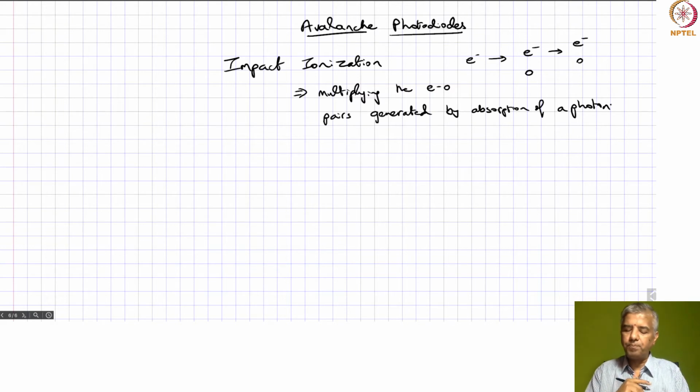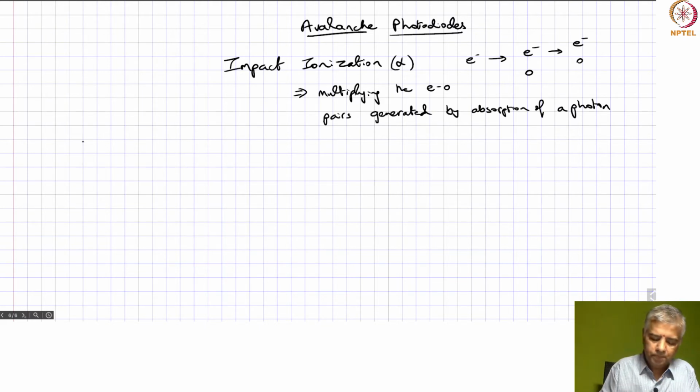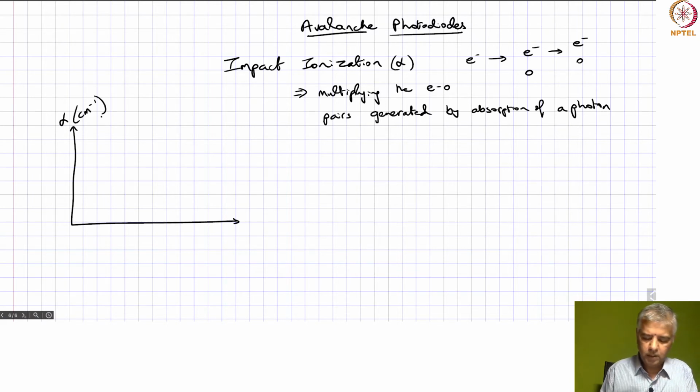Okay, so let us actually look into this in a little more detail. Let's say the impact ionization can be expressed in terms of alpha. So I can draw a graph where alpha, which is typically expressed in inverse centimeters, can be plotted as a function of the magnitude of the electric field. And let's look at this magnitude in terms of 10 power 5 volt per centimeter.